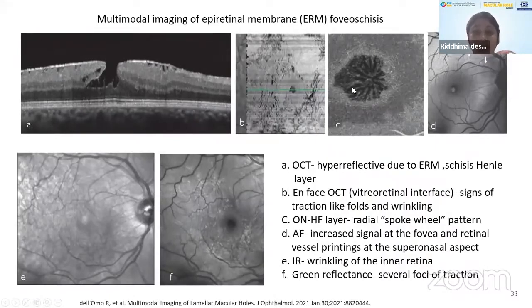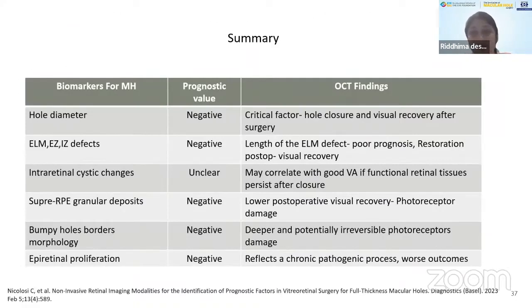At the level of the outer nuclear layer, you can see a typical radial spoke wheel pattern, increased hyperautofluorescence at the macula. And on the IR image, you can see wrinkling of the inner retina, which is more pronounced on the green reflectance image.